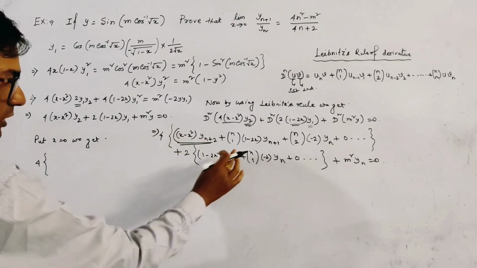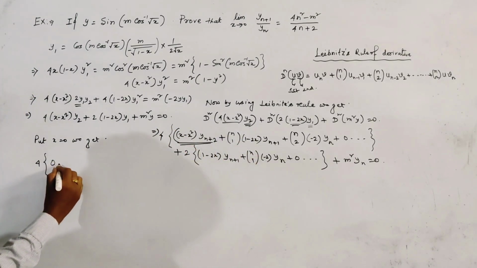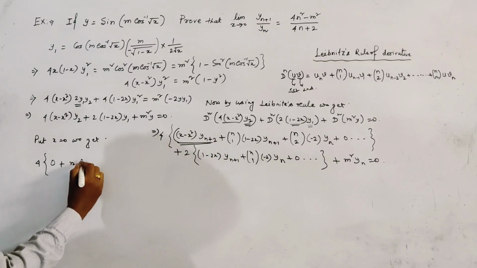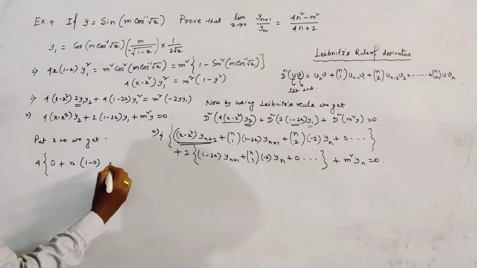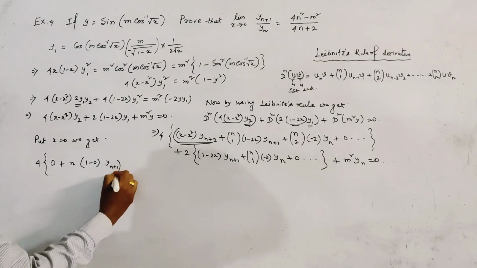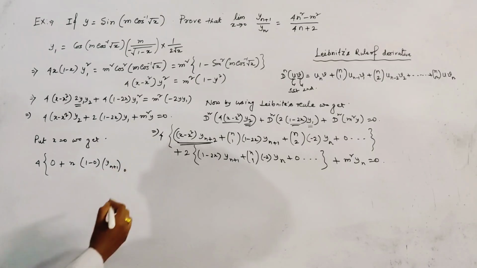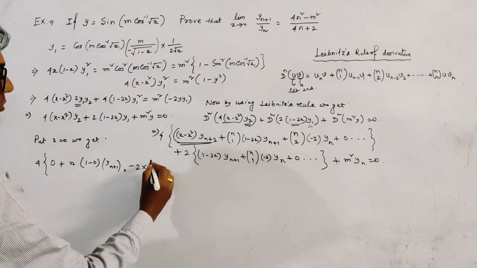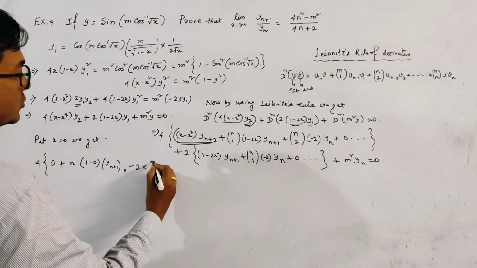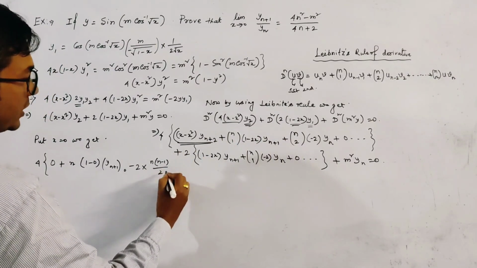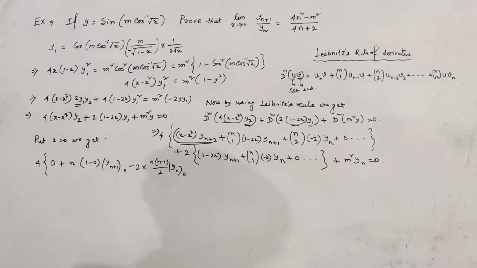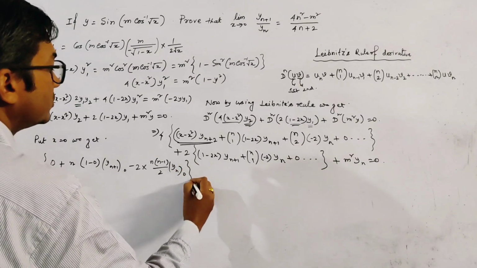Then n times y_{n+1}(0) minus 2 nC2 y_n(0), where nC2 is n(n − 1)/2.